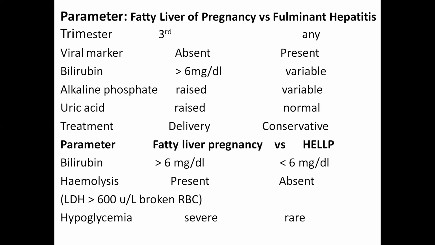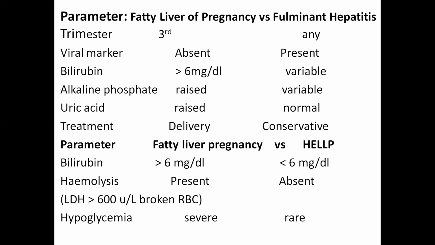Delivery is the treatment. So you have to diagnose it correctly because it is a very difficult decision. While in case of acute fulminant hepatitis, there is no benefit of termination of pregnancy. Only conservative treatment is needed.